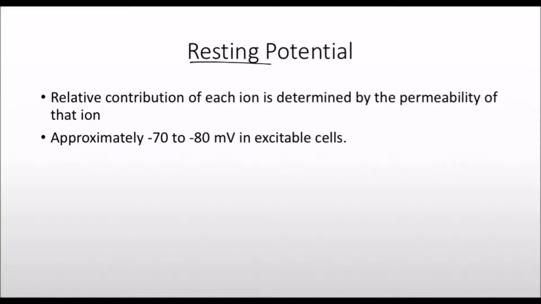So with the resting membrane potential, we can figure out what the contribution of each ion is by its permeability. Because we are not at the equilibrium potential for any ion, we can say, well, what is the resting potential? And we basically take the equilibrium potential and multiply it by its permeability, and that gives us the resting membrane potential. It's approximately negative 70 to negative 80 for excitable cells.